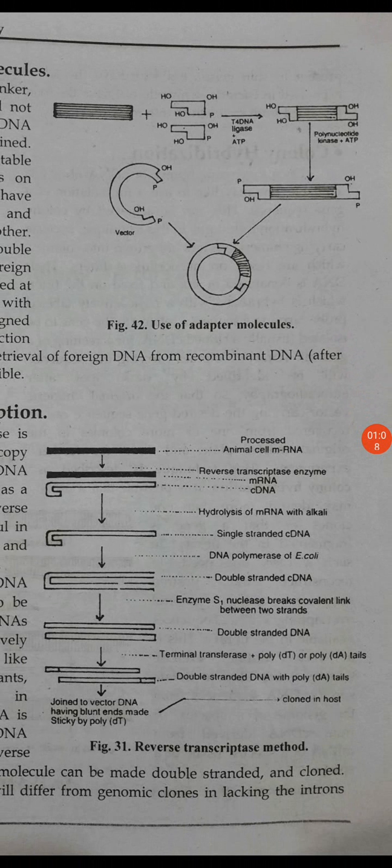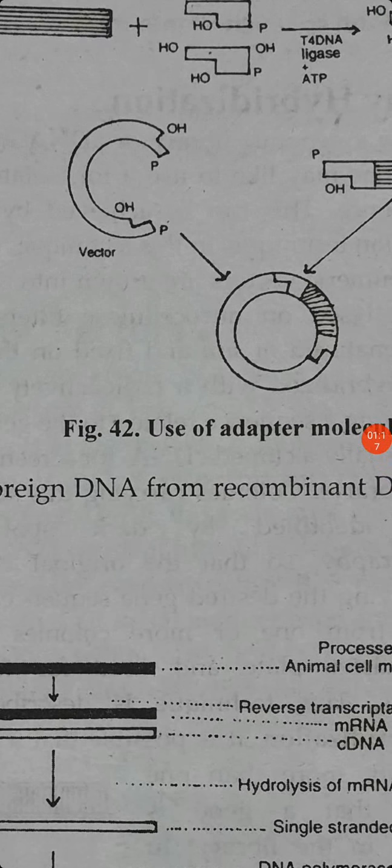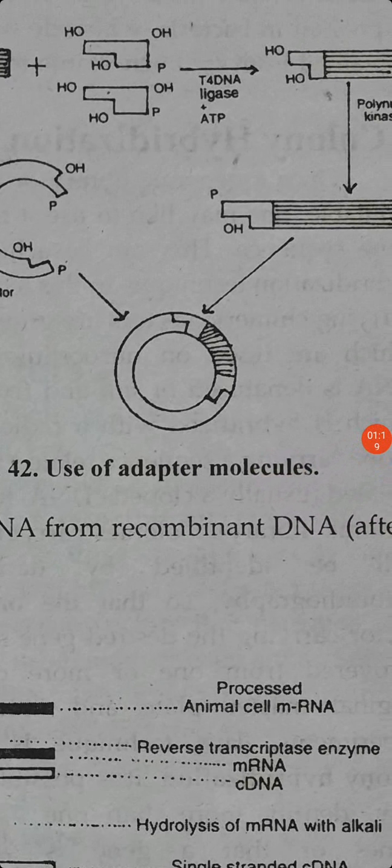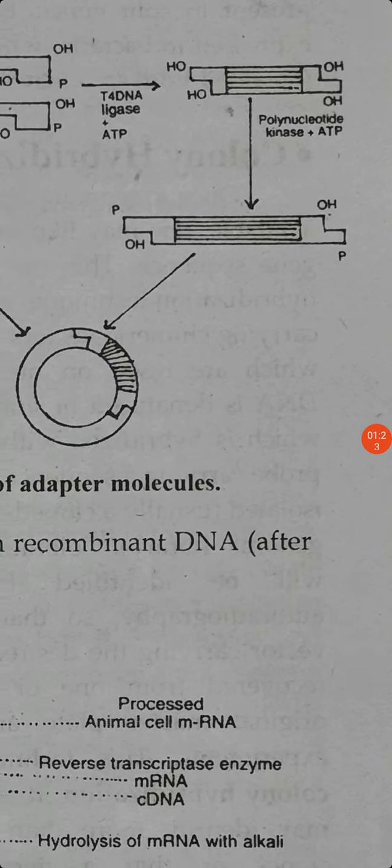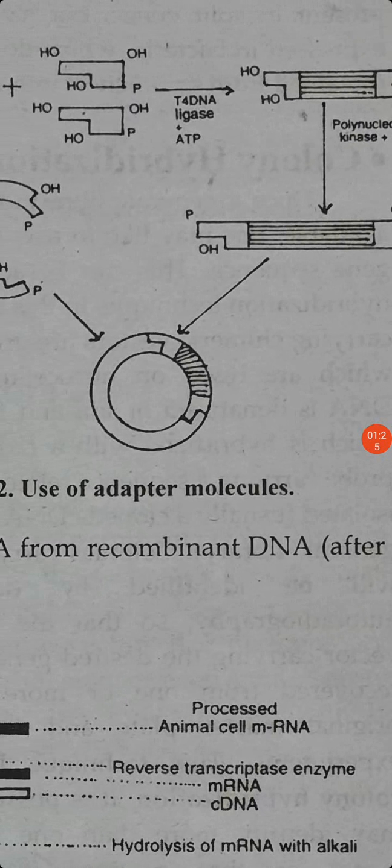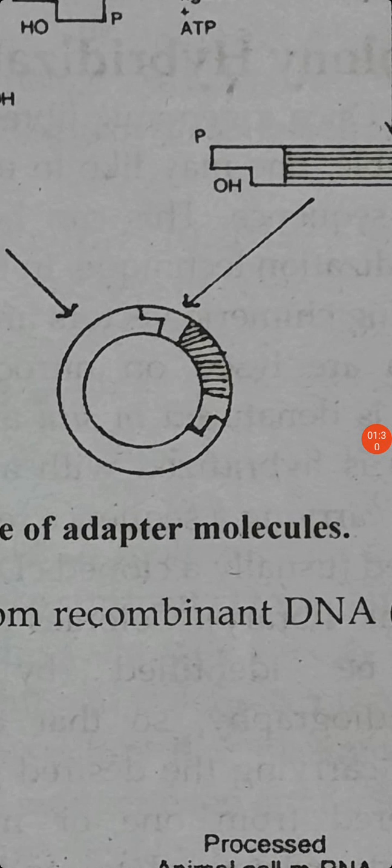The DNA and the adapter molecules get joined together, and they come up with the adapter. Then here is the vector DNA, for example a plasmid, and this foreign DNA, with polynucleotide kinase and ATP, are then joined through the use of adapter molecules. So they get joined together.